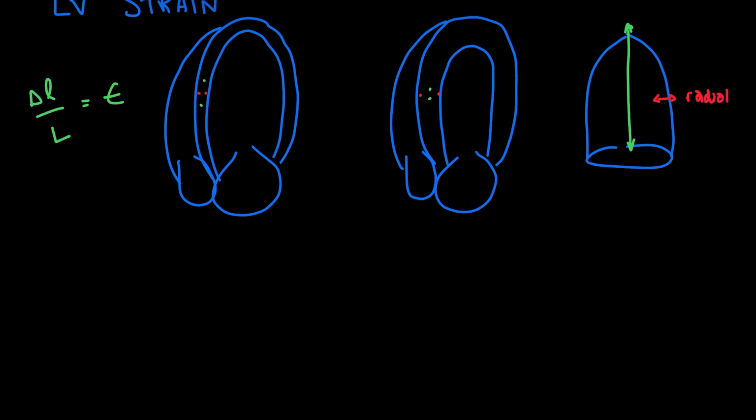Let's label this as longitudinal. Or we could even look at torsion. And the heart actually kind of rings on itself, so it goes in different dimensions at the base versus apex. But you can look at torsional strain.